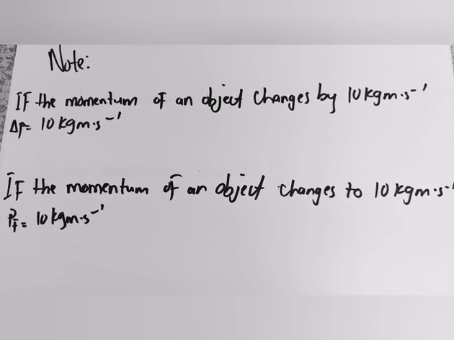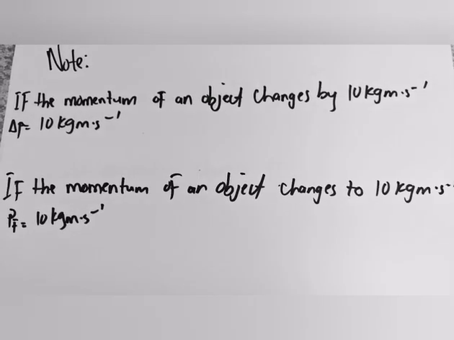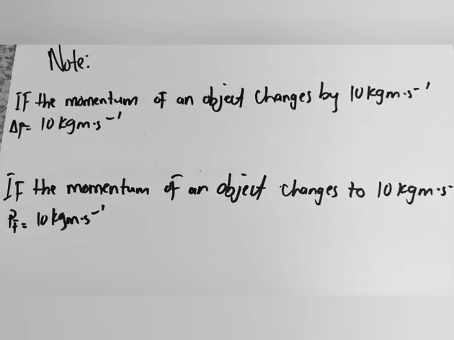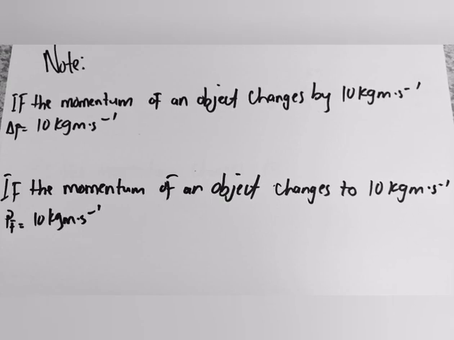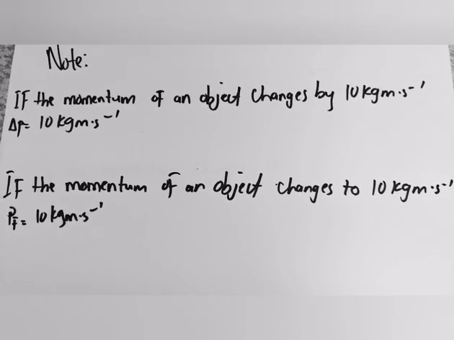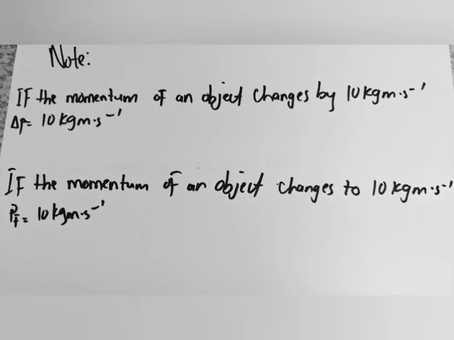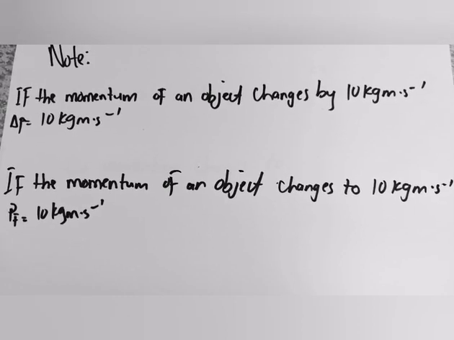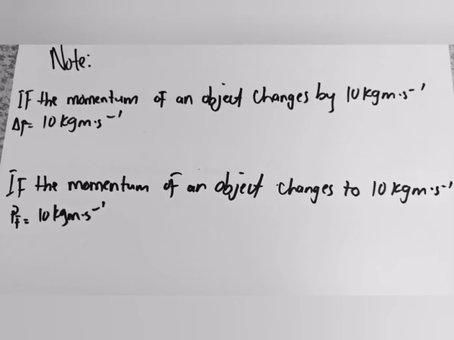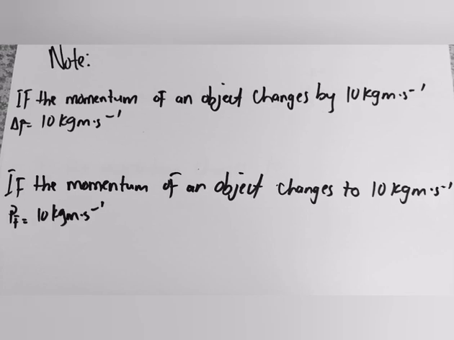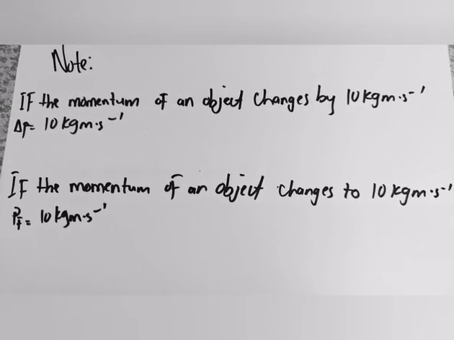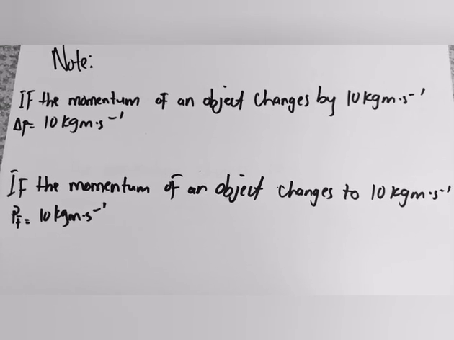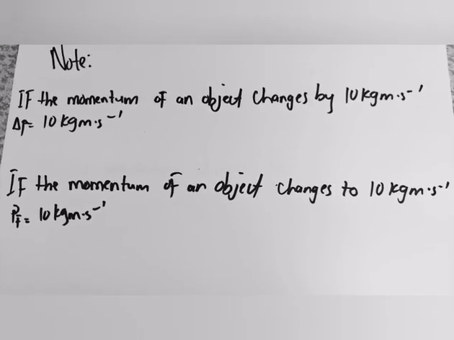Now if the momentum of an object changes to 10 kg meters per second, it means that 10 kg meters per second is the final momentum, PF, or the final velocity of an object. So you check: changes by, it is the change in P. Changes to, it is the PF, or the final velocity. Make sure you know this, it is very important.